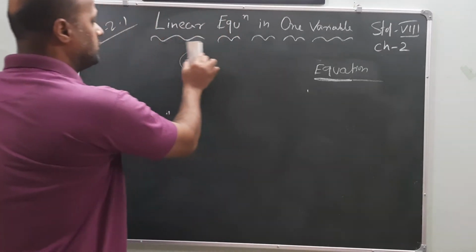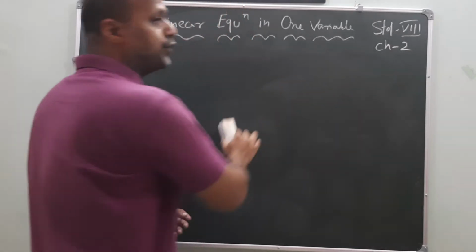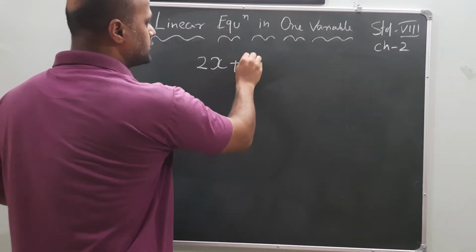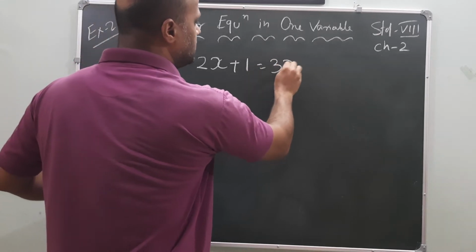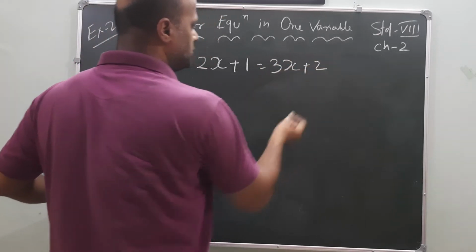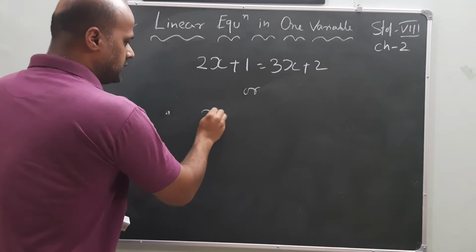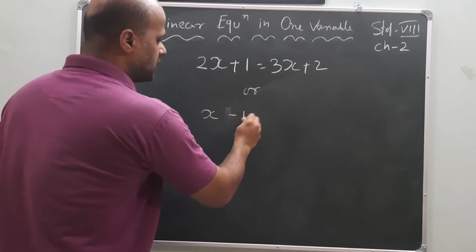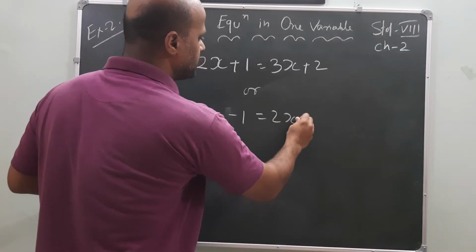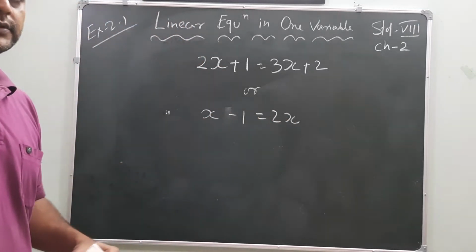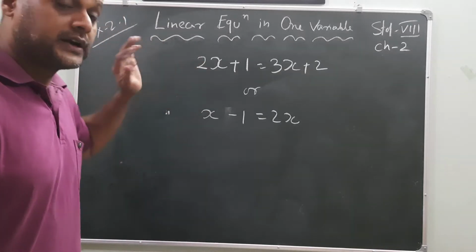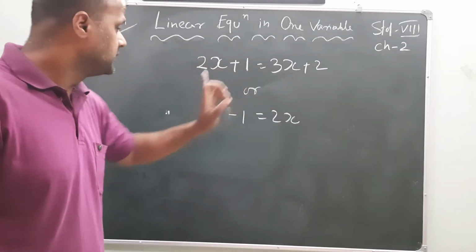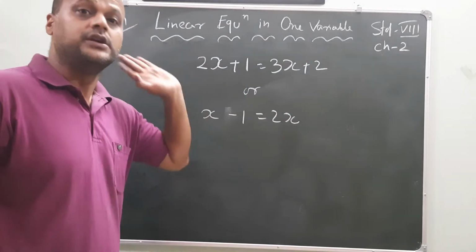Now the variable will be present on both sides. Examples: 2x plus 1 is equal to 3x plus 2, or x minus 1 is equal to 2x. In both examples the variable present is x on both sides.